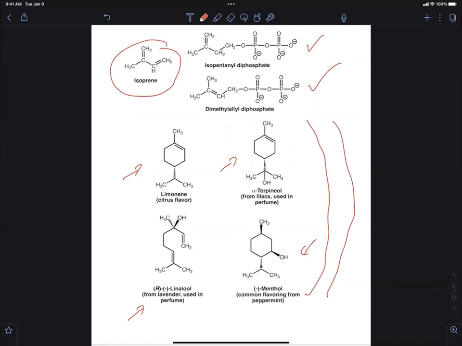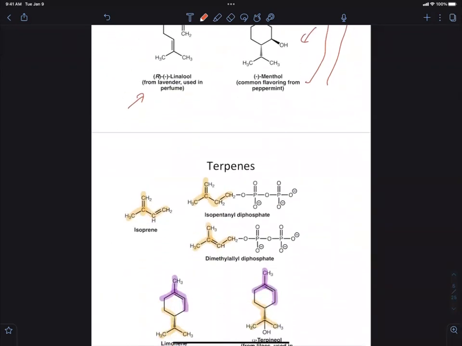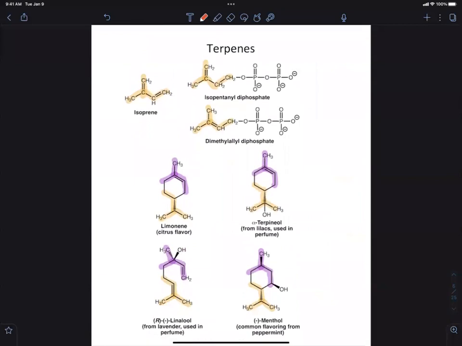There's biochemical machinery involved in this in all the different plants. But we can look at this by highlighting those 5-carbon units. When we do that, you'll see that all those four molecules down below can be made by assembling these 5-carbon units, these so-called isoprene units.